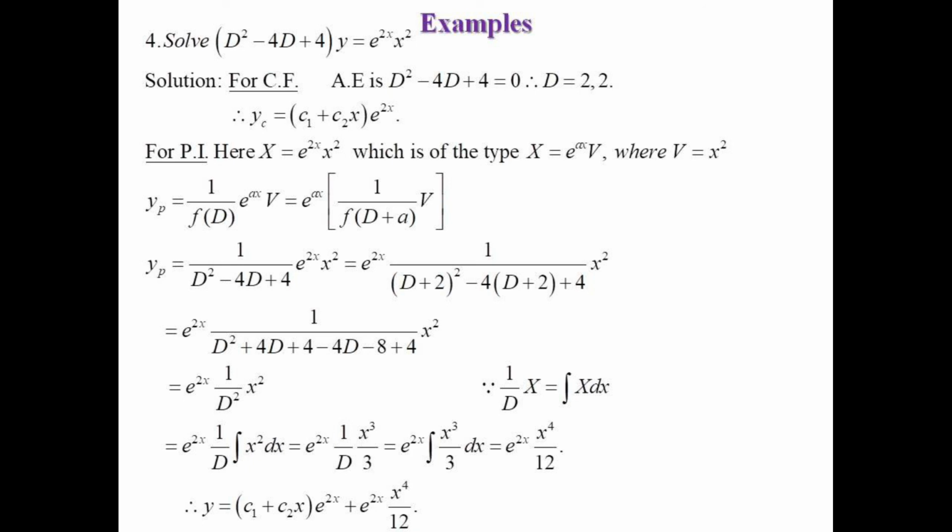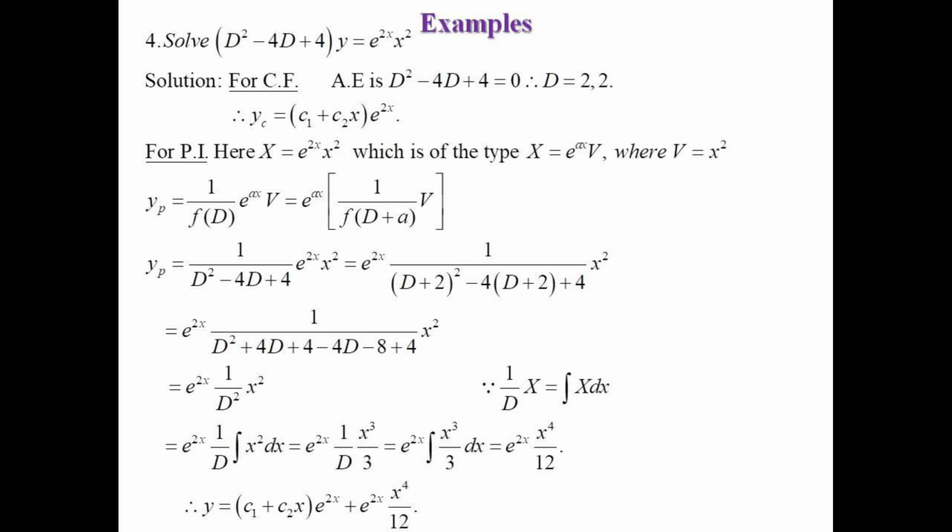Once again apply the formula 1/D of x equals integration of x dx. Then we get e^(2x) times the integration of x³/3 with respect to x. Finally we get the particular integral as e^(2x) · x⁴/12.